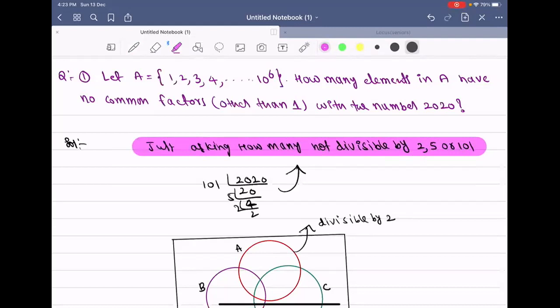The meaning is what? Just asking how many are not divisible by 2, 5 or 101.